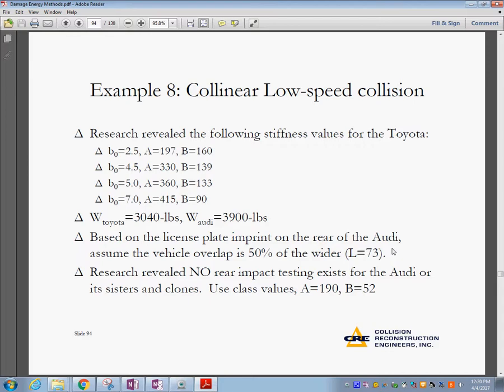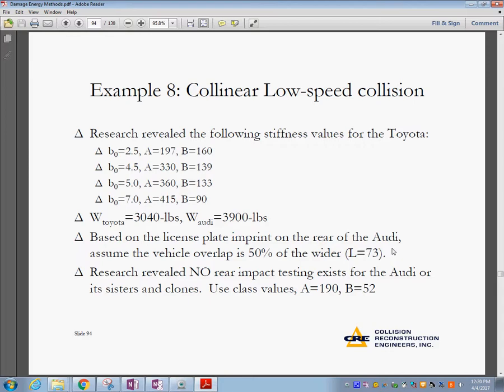Research on these vehicles, on these two examples, revealed the following stiffness values for the Toyota. Remember now, those values are the stiffness values that the NHTSA publishes based on test data, and B0 was the speed at which no damage occurs.